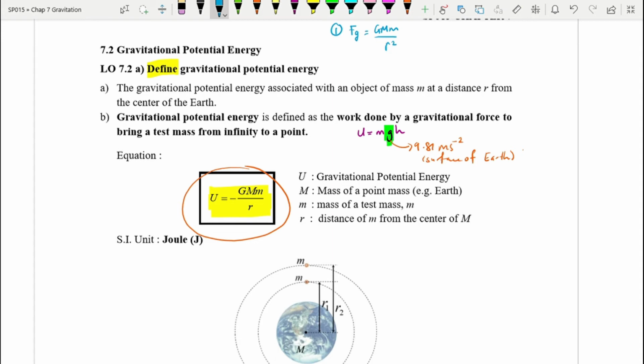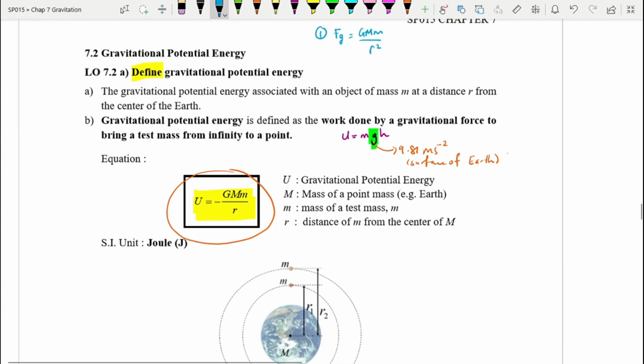Okay, so bezanya kat sini kalau F dia adalah r square tapi U dia adalah r. And then dia ada negative sign jugalah. Okay, dan yang kedua, formula untuk gravitational field strength which is ag equals to GM over r square. Okay, yang bezanya dengan U dia tak ada small m dekat situ.